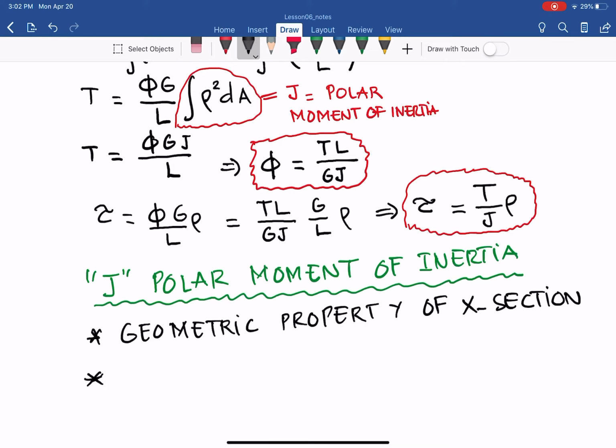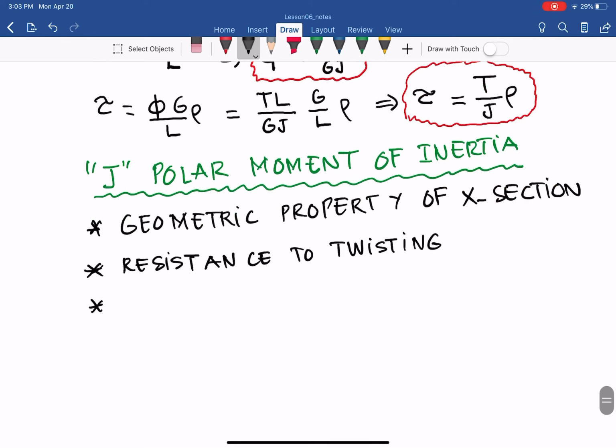But you see different moments of inertia for different purposes. So let's put it down here: it's resistant to twisting. And you can see, bigger G, phi will be less, so there will be less twisting.